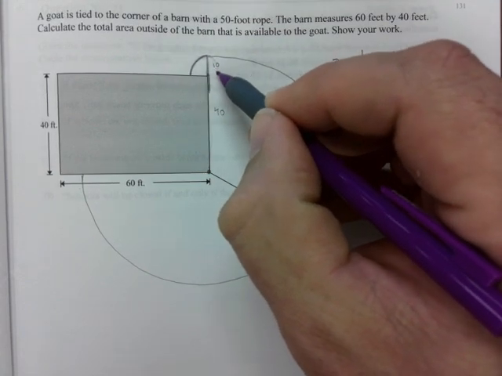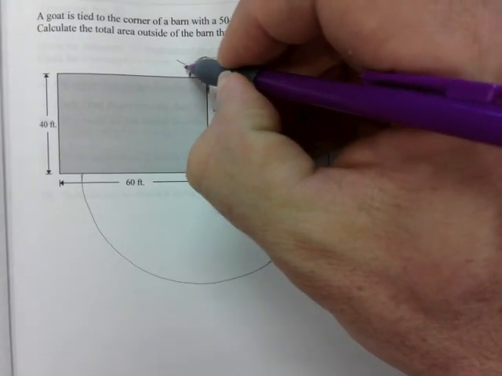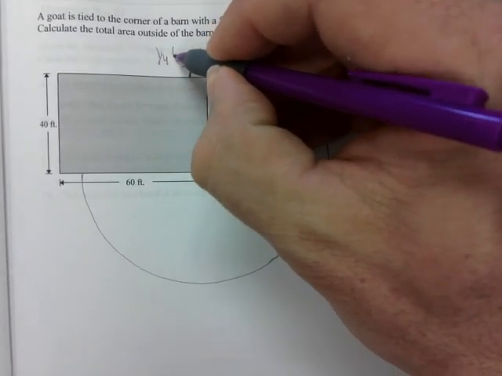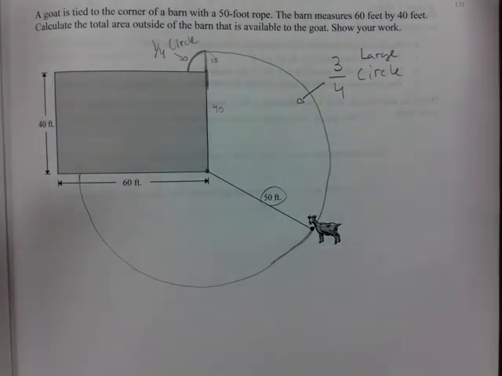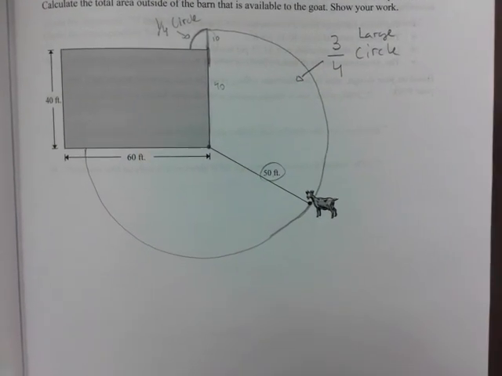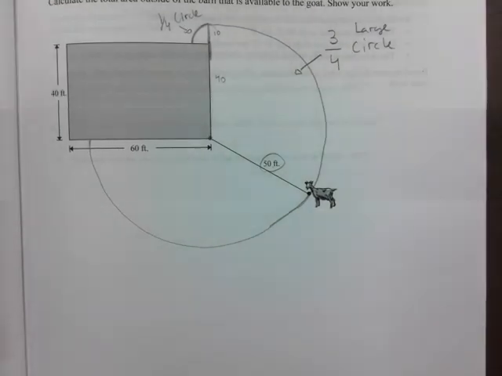But we don't want to add this because we already figured that out. So this is a quarter of a circle right there, just that little quarter. So that's what we're going to use to figure out the total area available.